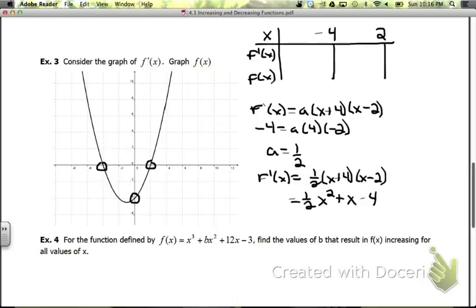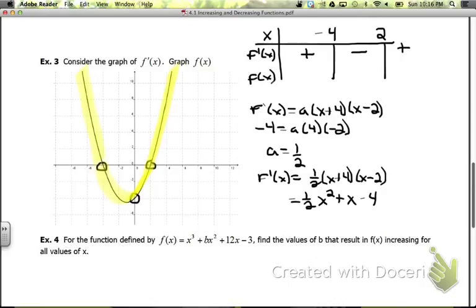So we notice here that our f prime of x, as we approach negative 4, is positive. And as we pass negative 4 and go to 2, that value is negative. And after 2, it is once again positive.